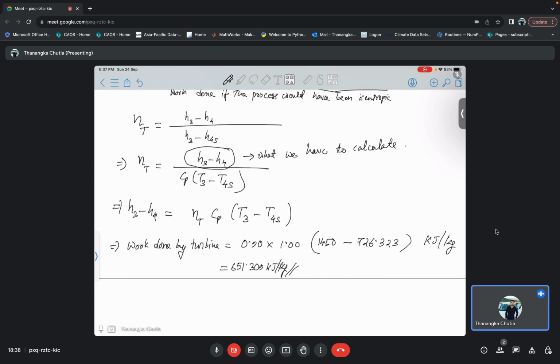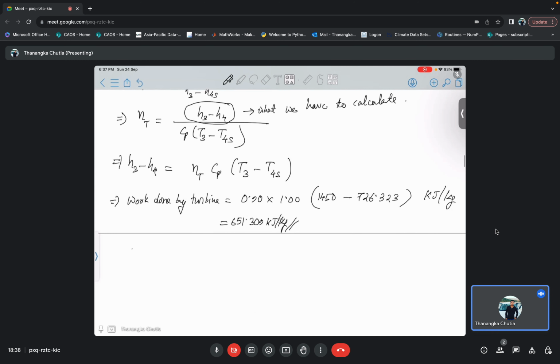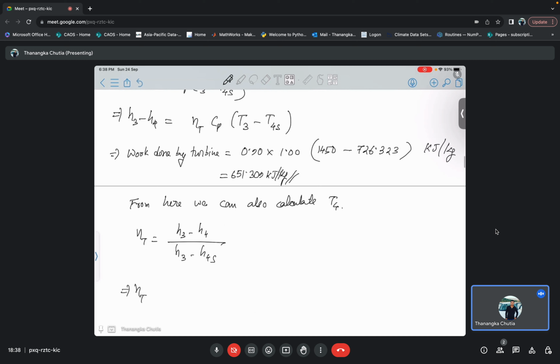So from here we can also calculate T4. How can we calculate T4? Eta T will be equal to H3 minus H4 divided by H3 minus H4s. So eta T is Cp into T3 minus T4 divided by Cp into T3 minus T4s.